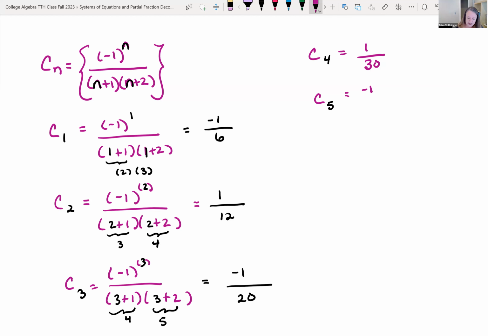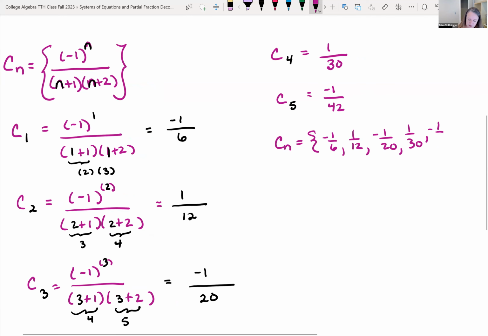So 6 times 7 gives me 42. So c sub 5 is -1 over 42. So c sub n, the first 5 terms, I have -1/6, 1/12, -1/20, 1/30, and -1 over 42. It's carrying on, so I'm going to put dot, dot, dot, and then close my set with these curly brackets.